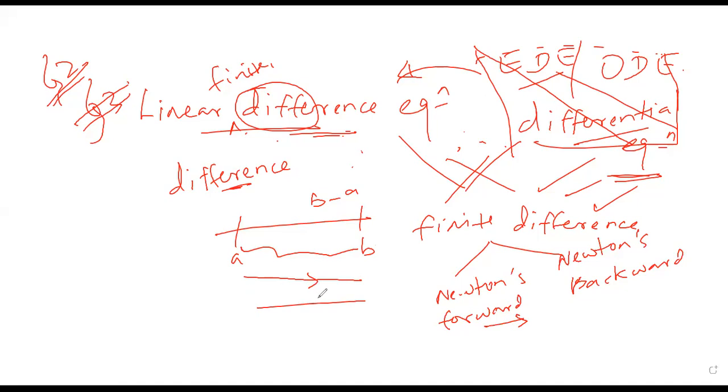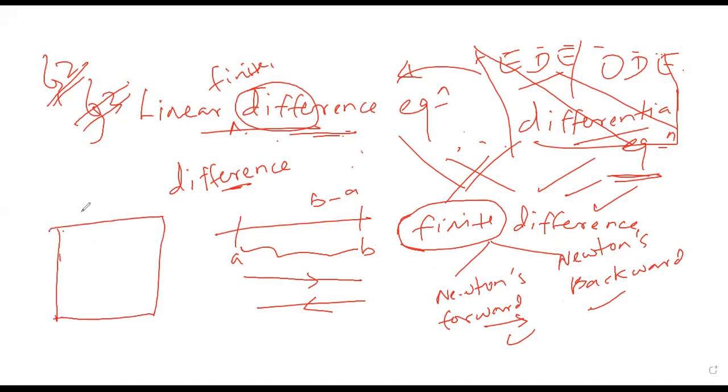Backward means B to A, on this side. In that sense we are finding the differences. And also, what do you call finite points? For example, this is like what we have seen in our school days. Let's say my x is equal to, I can choose any numbers, isn't it?